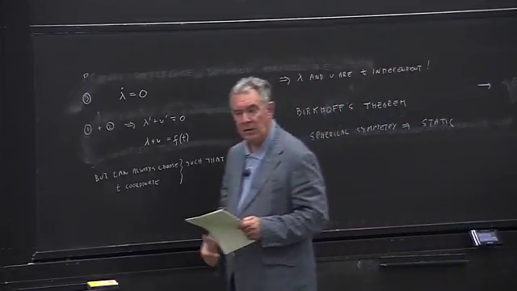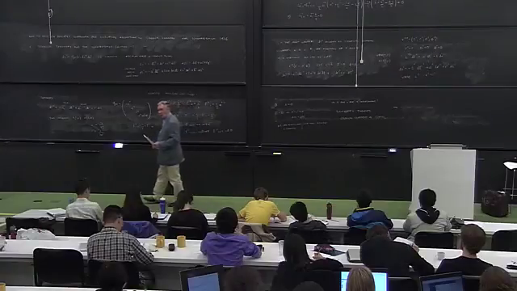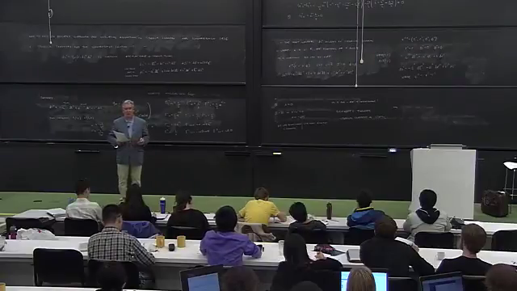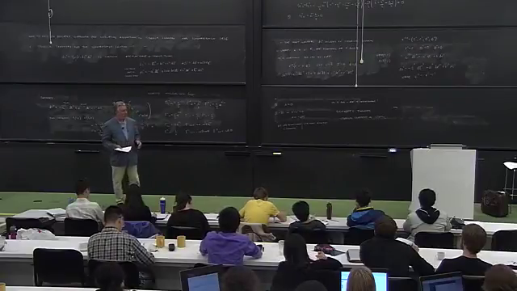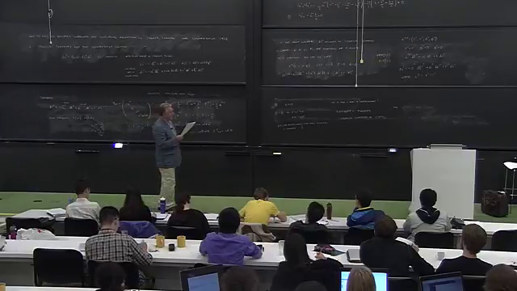So we didn't put in the requirement that G mu nu be independent of time. We only put in the requirement that it be spherically symmetric. But we've learned that as a consequence of spherical symmetry, the metric is indeed independent of time.